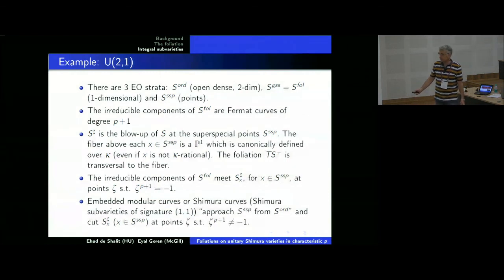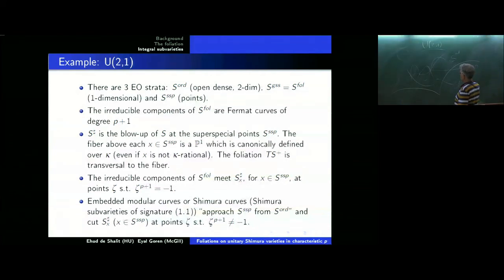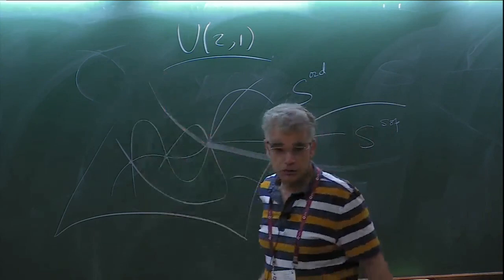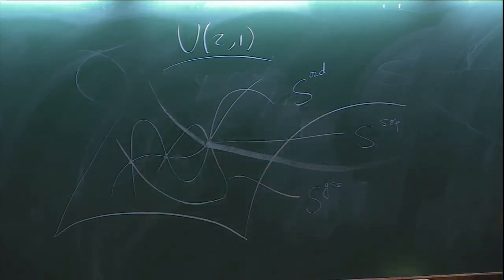And then you have this canonical coordinate and the almost canonical, and where these Fermat curves intersect, the blown up points is at point zeta, where zeta to the p plus 1 is minus 1. On the other hand, you also have embedded Shimura varieties. Maybe this is an embedded Shimura variety. It also, in characteristic P, approaches these points, but at a different slope.